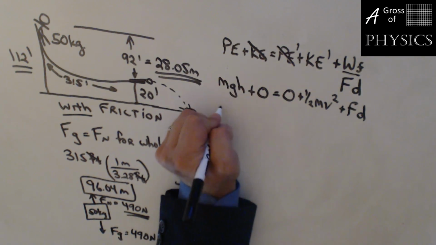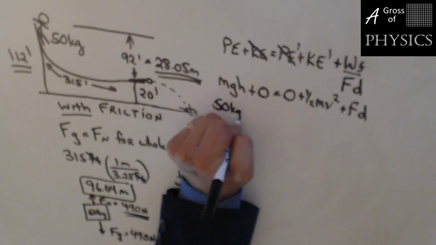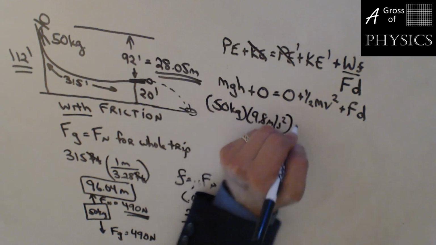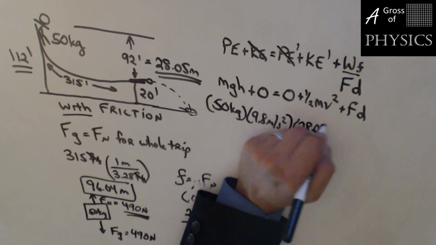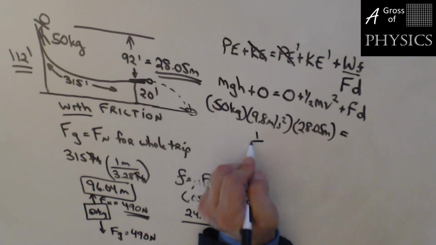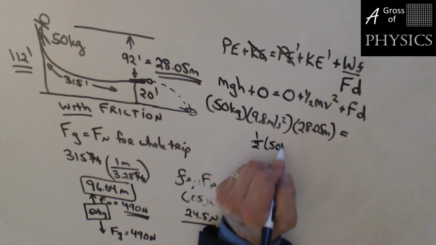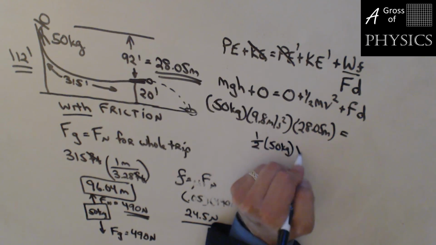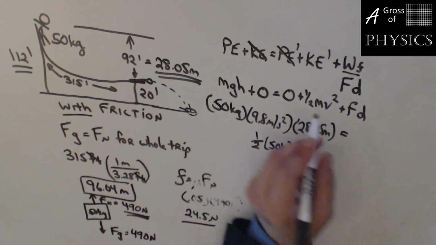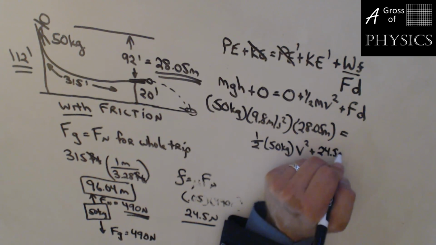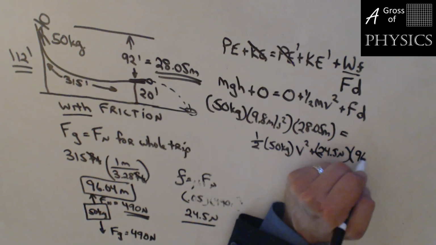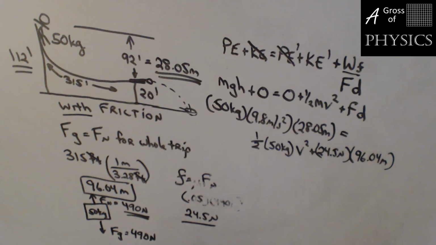All right, now the mass is 50 kilograms times 9.8 times 28.05 meters, and that's going to equal 1/2 50 kilograms v squared plus the force was 24.5 newtons, and the distance of the entire track is 96.04 meters.